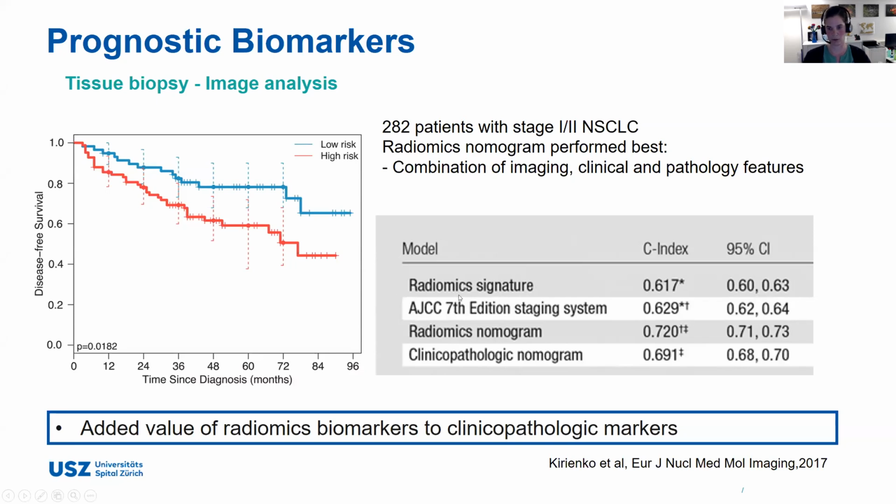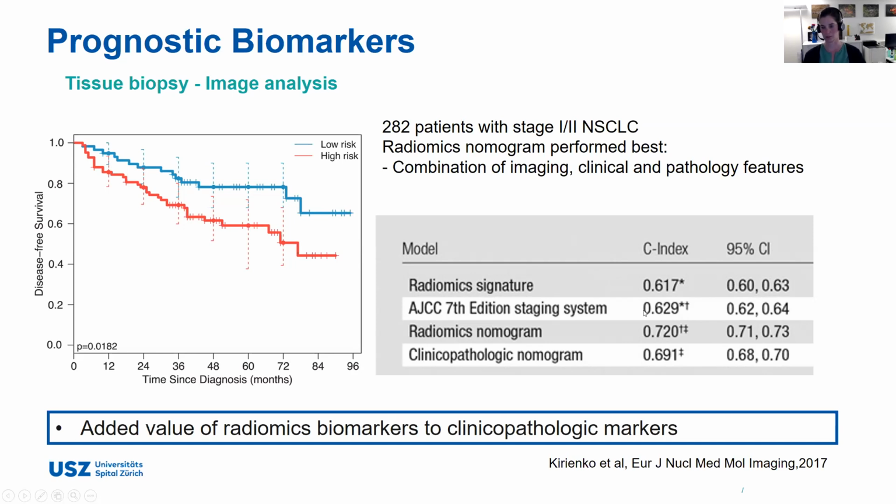So if we look at the performance of only the radiomics model, so only the imaging model, it had a significant performance, but the C-index is rather low with 0.61. Very similar to the staging, it has a similar performance, 0.63.